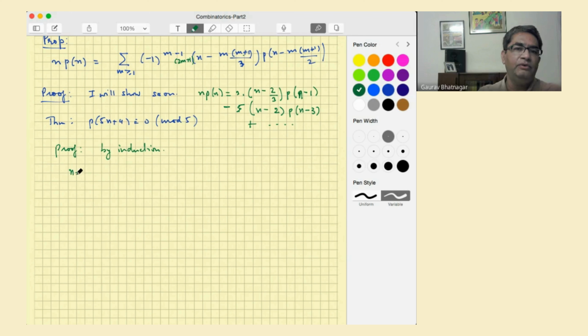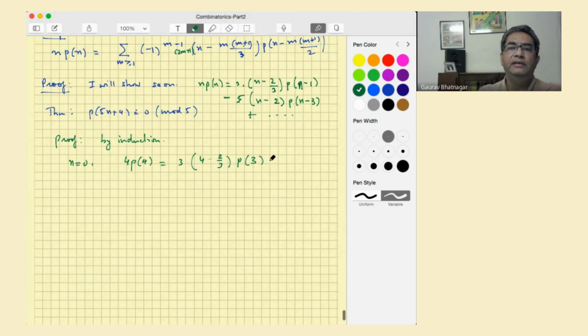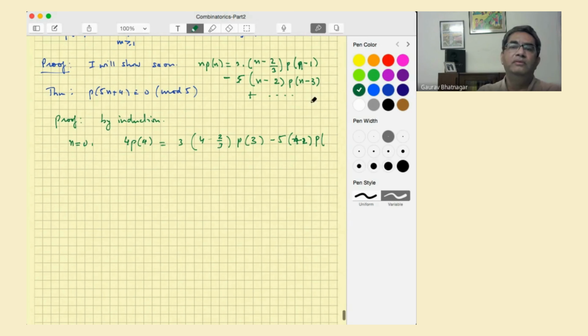So for n equal to 0, I'll get 4 times p(4), which is 3 times p(4 minus 2/3), minus 5 times p(4 minus 2), p(4 minus 3), that's 1.